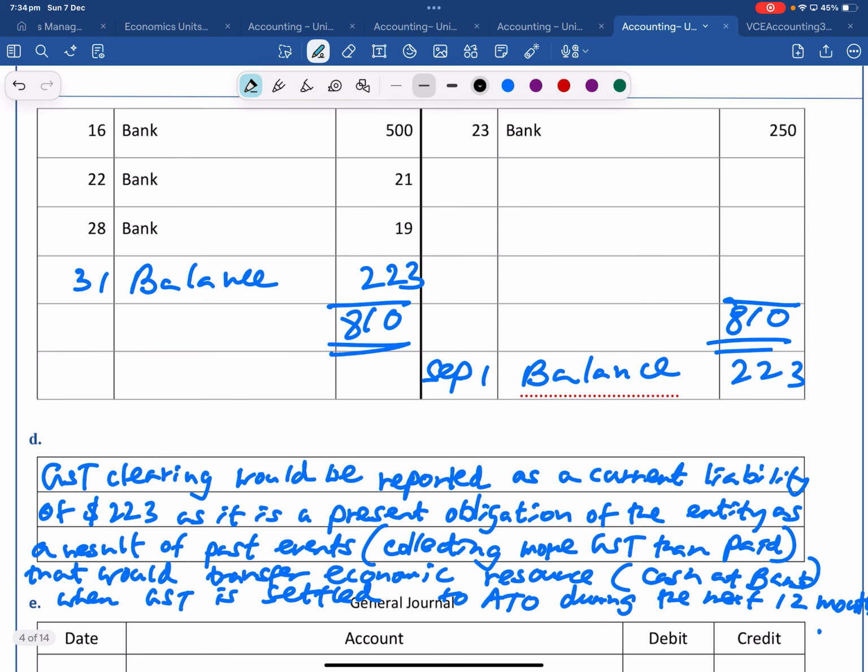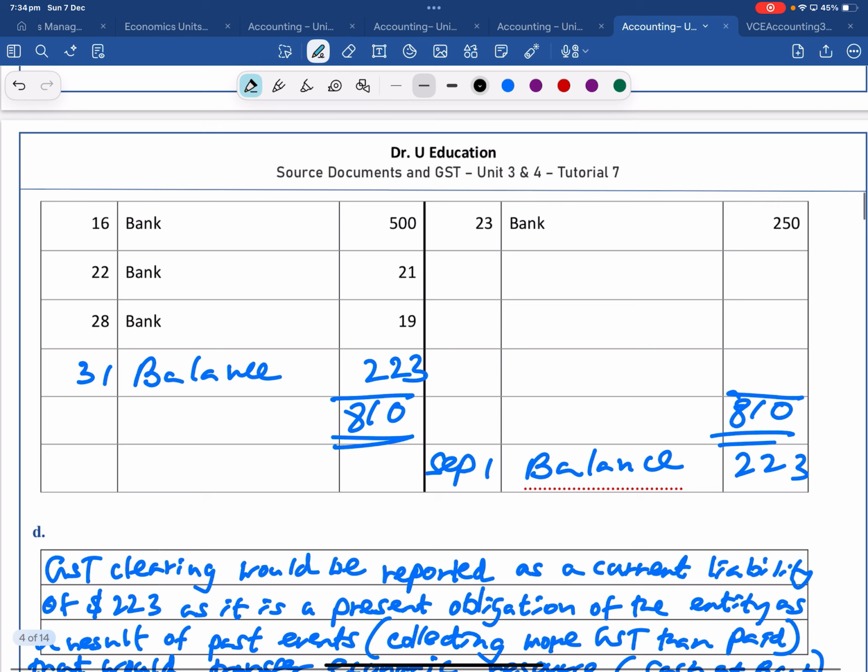Shall we do the ledger account first? We're just gonna add it on. How do we do it? Debit. Okay, so we'll write it.